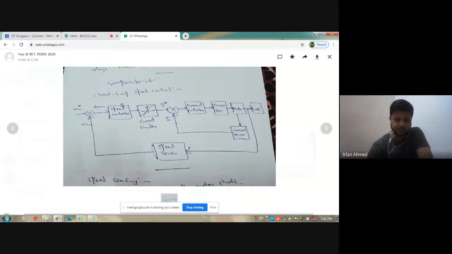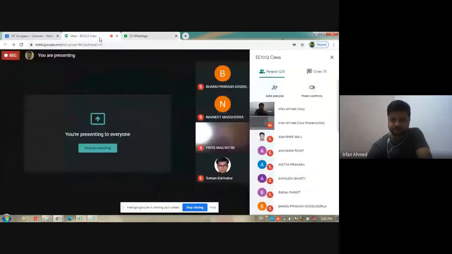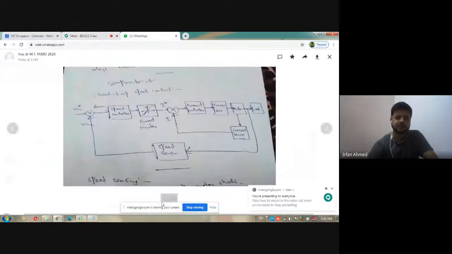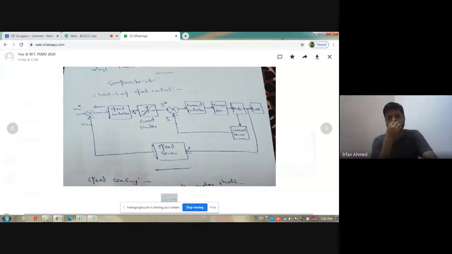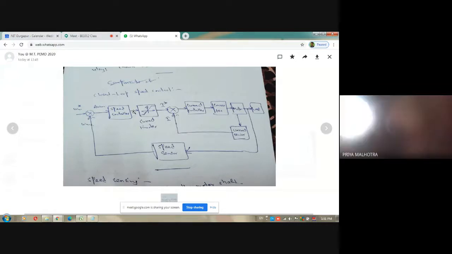So the speed controller, what does this do? It converts the speed error into a useful command, whether the speed error is positive or negative. That useful command in this case is going to be the reference current.